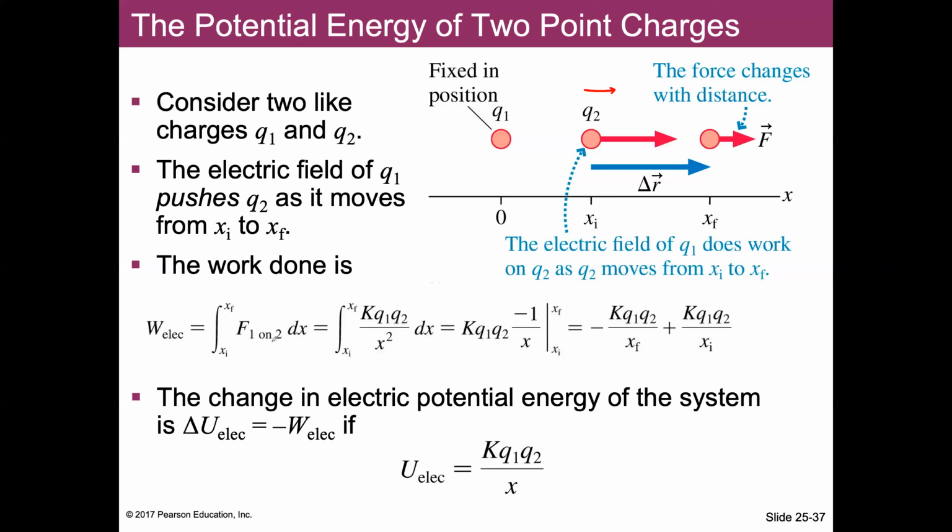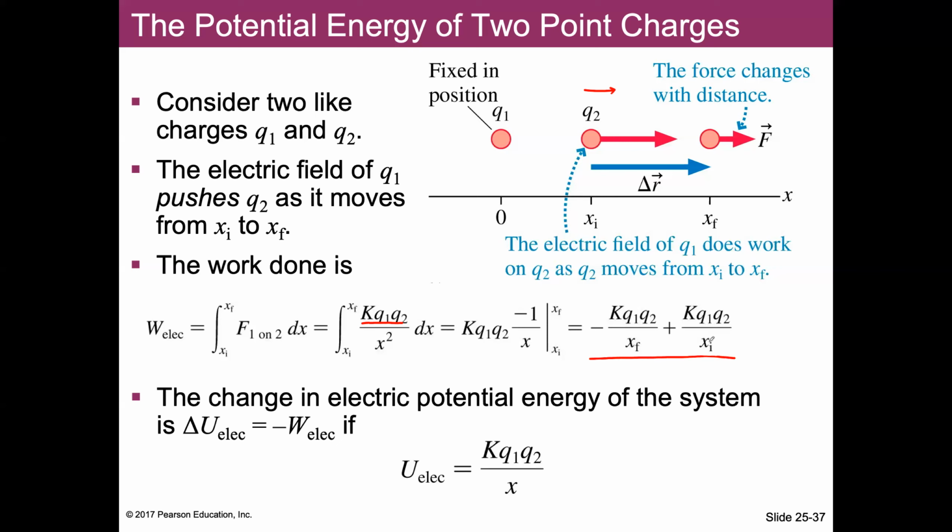And this F can be calculated by Coulomb's law, which is a constant times Q1 Q2 over X squared. These K, Q1, Q2 are all constants, so we can take them out, and then you need to do an integral of 1 over X squared dx, from Xi to Xf. And then finally, if you know how to do the integral, you will have this result.